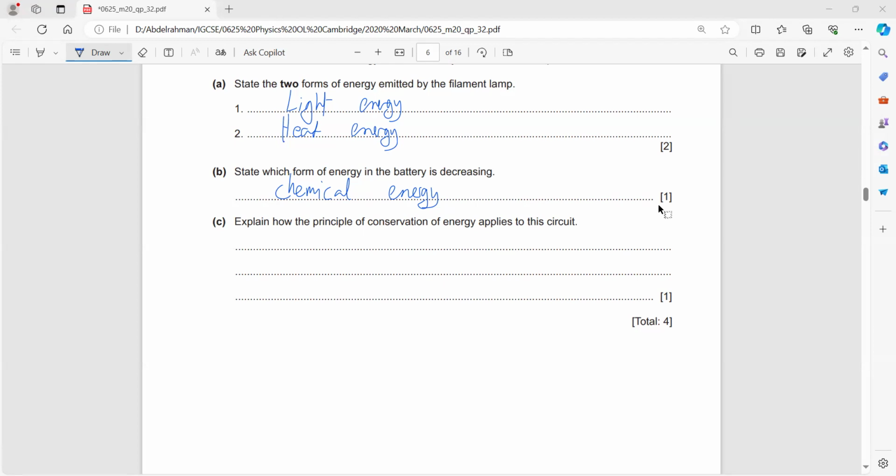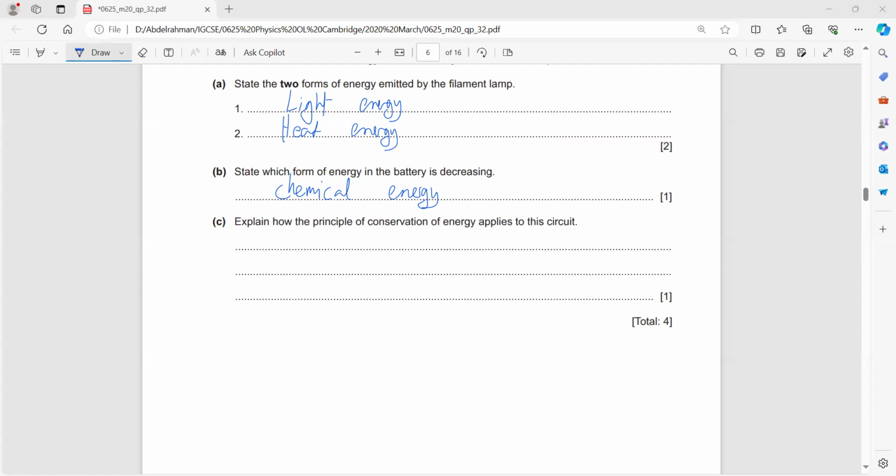The energy decreasing in the battery is the energy dissipated, the energy lost as light and heat. It's the same amount of energy. If you use up 100 joules from the battery, then you will give off 100 joules of light and heat.